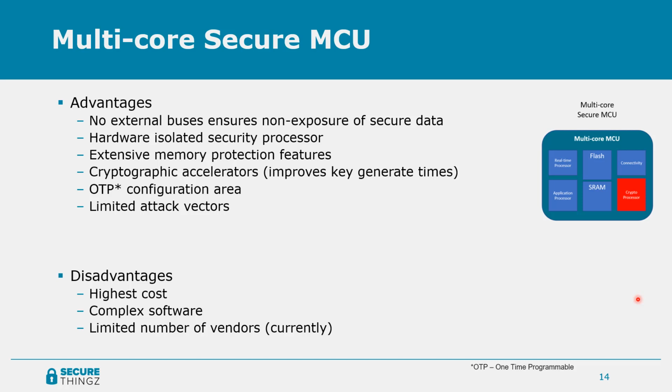There are extensive memory protection features because there are 3 cores here and they are securely isolated from each other. There are cryptographic accelerators included. This allows you to have short key generation times, one-time programmable configuration areas, and this has limited attack vectors.